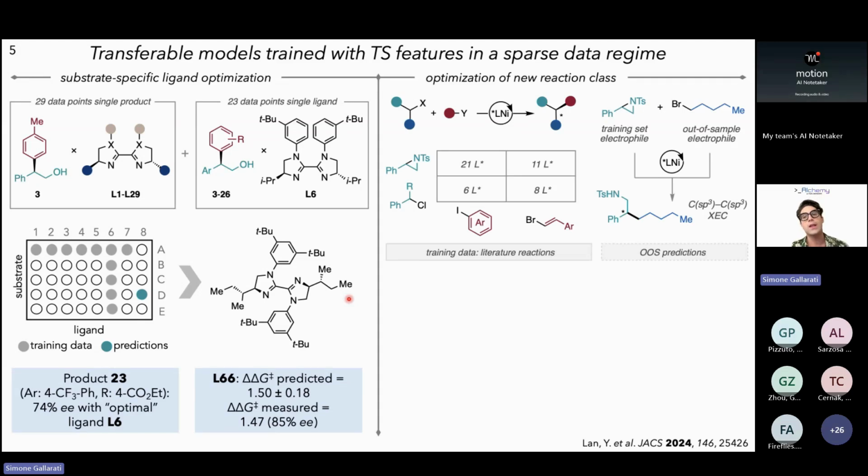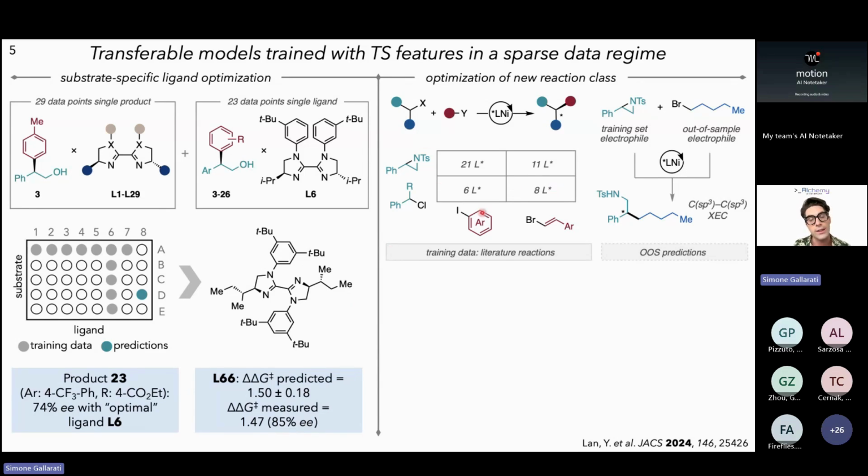In another case study, we wanted to push our approach even further and see if we could train machine learning models on a set of reactions and then transfer that information to unseen combinations of different substrate classes.